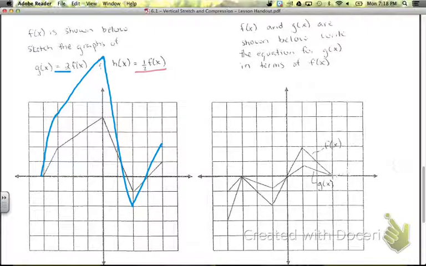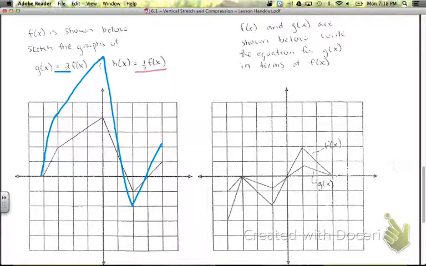Again, looking at the given graph of f(x), we're going to take each point and multiply it by a half. And remember, when we're doing our vertical stretches and compressions, it only affects our y value. So our point here is going to stay as is, right on our x-axis.